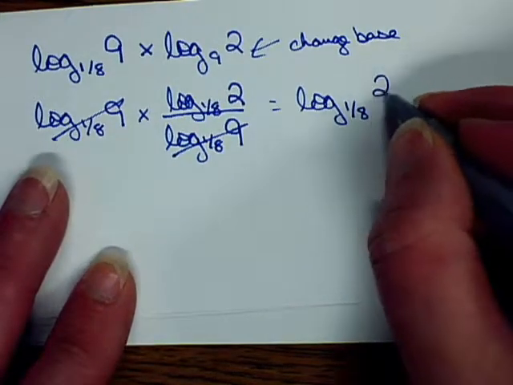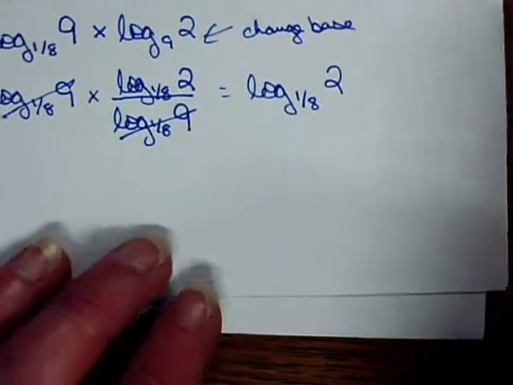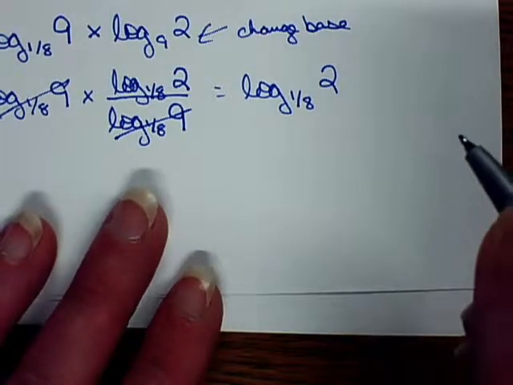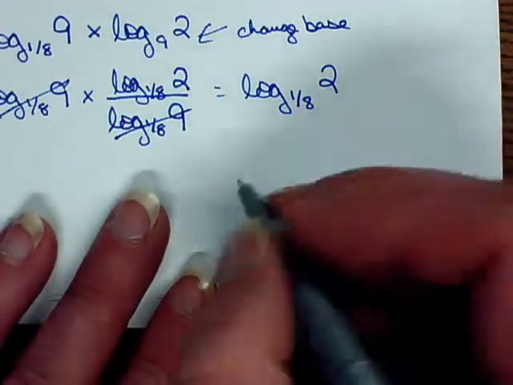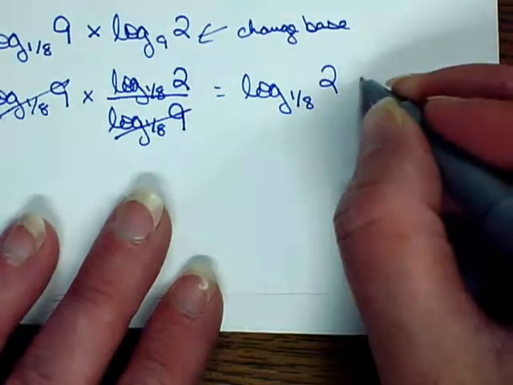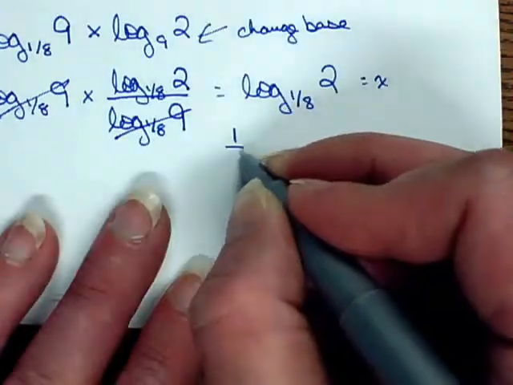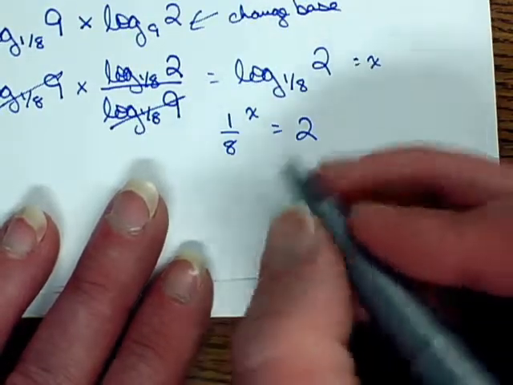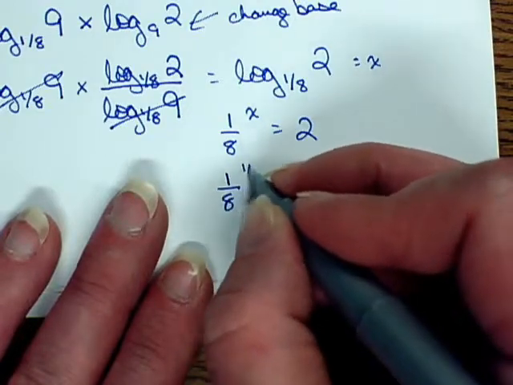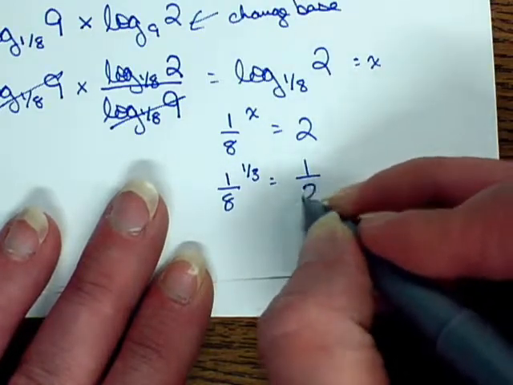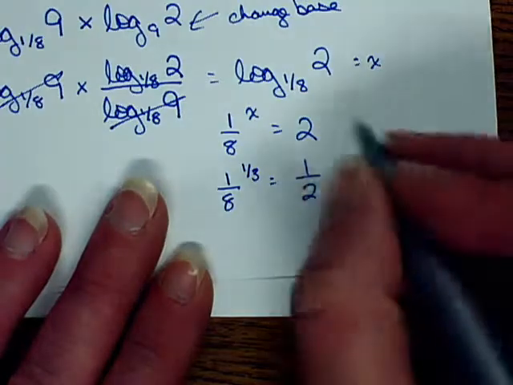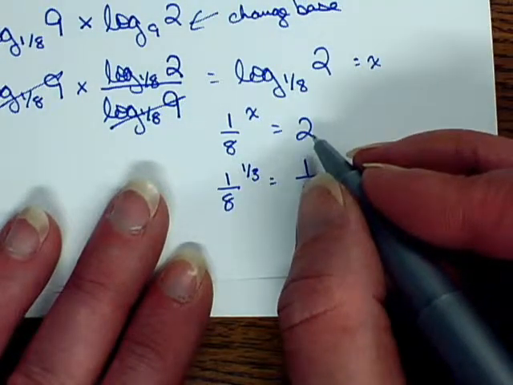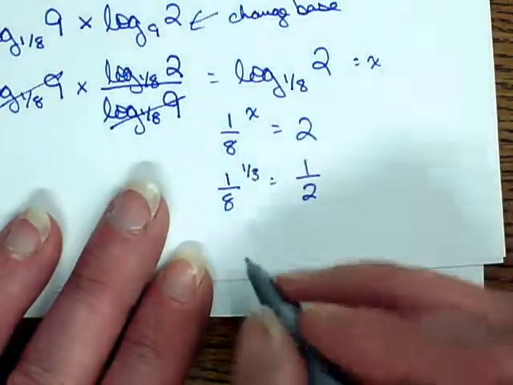Now remember, the change of base formula says log with my new base of the original argument divided by log with the new base of my old base. Your old base goes in the denominator. Now, since I'm nice, these usually work out pretty nice where these end up dividing out. So now I'm just left with log base 1/8 of 2.